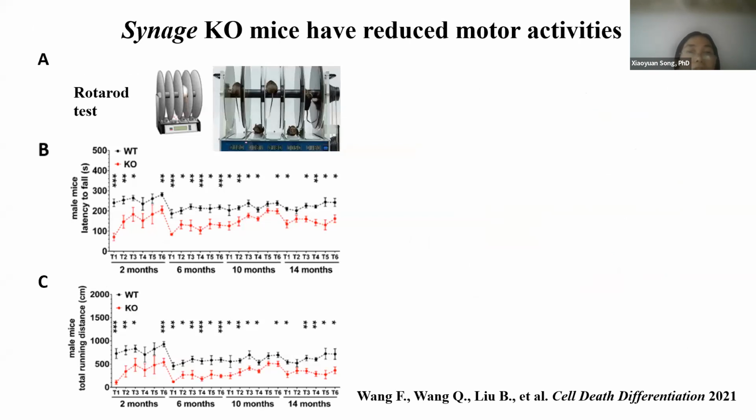We also used different behavior tests, which show that knockout mice have reduced motor activities. The left shows the rotarod test, which shows that knockout mice have a lower intensity to fall and shorter running time and running distance on the rotarod.